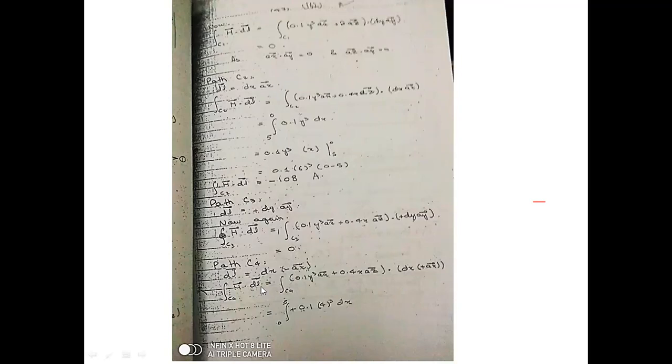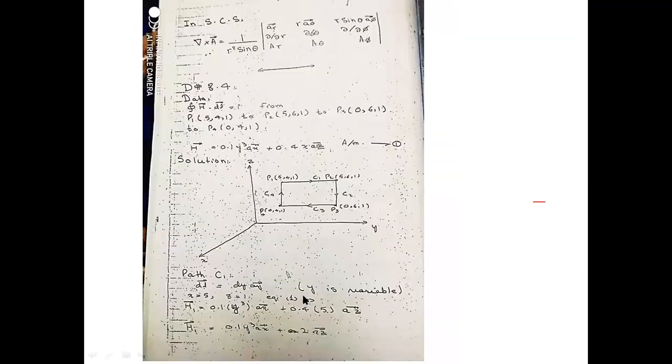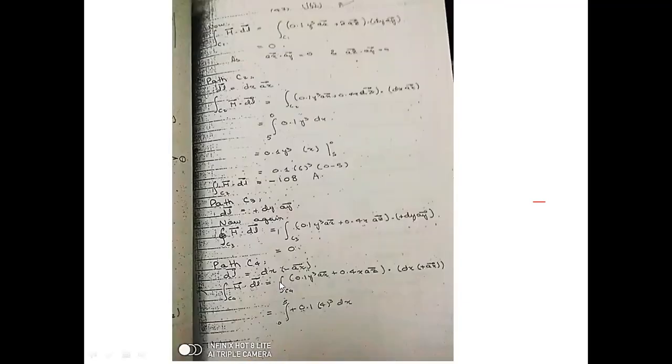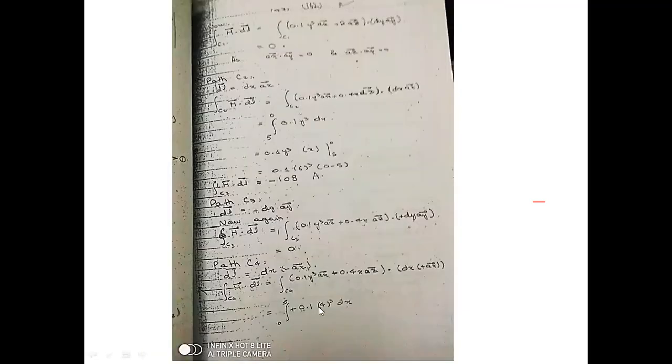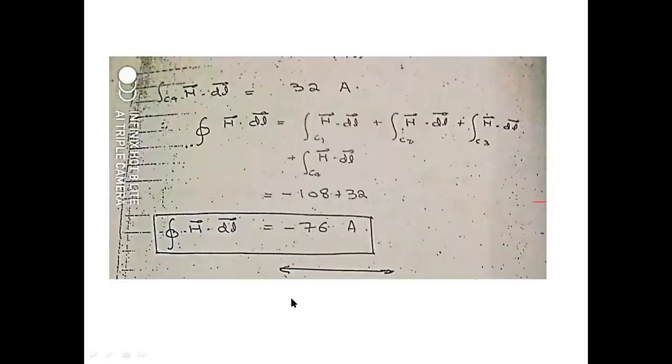Again you can see that x is varying, and y is fixed, so we replace the y value as 4. x is varying, so we will apply the integration. After the integration, we will get this for the path C4.